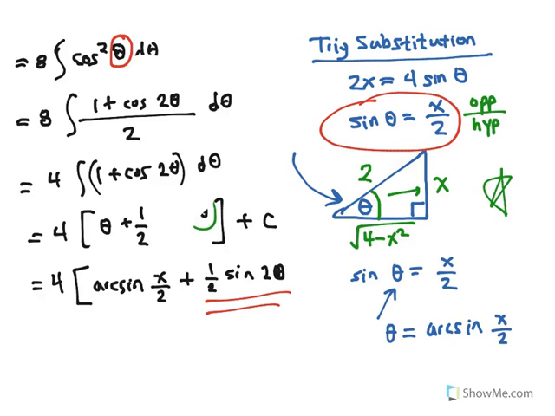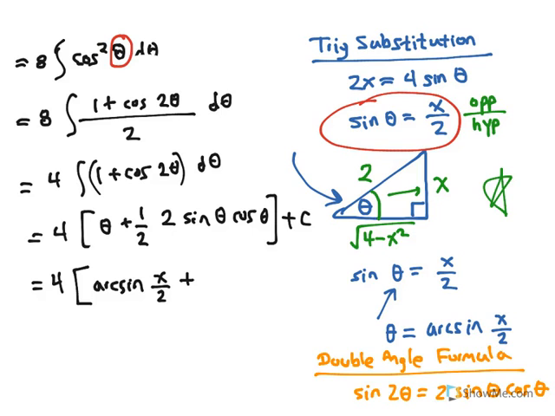So the first thing that I need to do is use a double angle formula to rewrite sine of 2 theta as 2 times sine theta times cosine theta. When we do that, we will have 1/2 times 2 times sine theta times cosine theta, and of course 1/2 times 2 is 1. So we will just have theta plus sine theta times cosine theta.